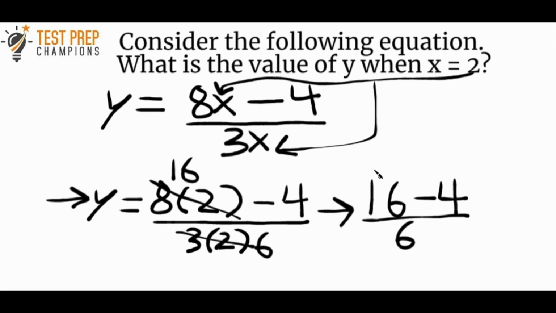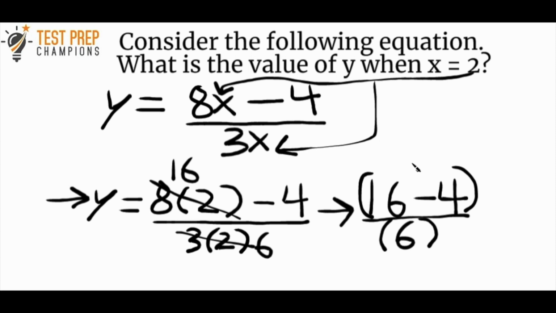I said that you need to do the multiplication and division before you do the subtraction, but here's a little nuance in the order of operations rules that a lot of people don't understand. The division bar acts like a set of parentheses. You can think of everything on the top and in the bottom as being encased in parentheses. In the order of operations, you start with what's in the parentheses first.